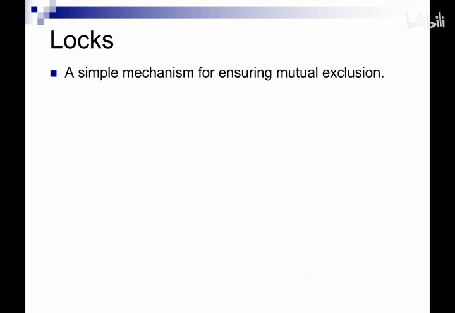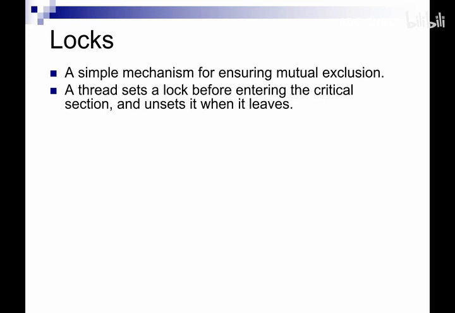Locks are a way of ensuring mutual exclusion. The way locks work is that before a thread enters a critical section, it sets the lock, and then it unsets the lock after it leaves the critical section. These locks have certain properties.